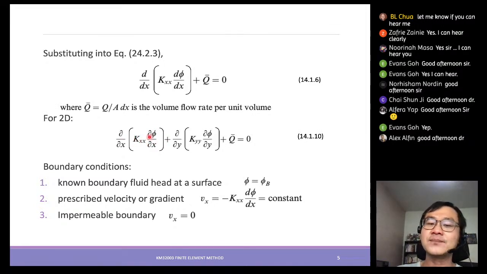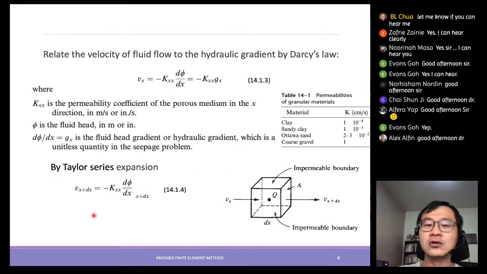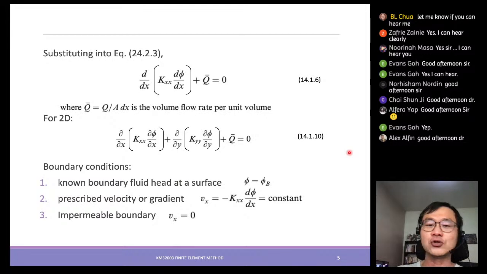Okay, if this term is a constant with respect to x, but then if your permeability changes according to the distance, for example you have a long tube, and along this long tube itself you may change from clay to other gravels, let's say, so you mix accordingly, and you assume that it changed from this value to the other value proportionally, then yes, this would have to change according to x, then you have to differentiate this term as well with respect to x.